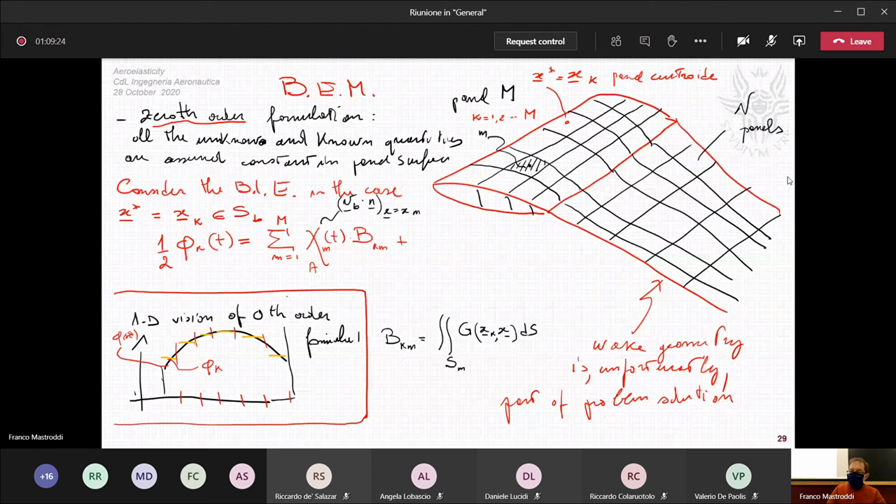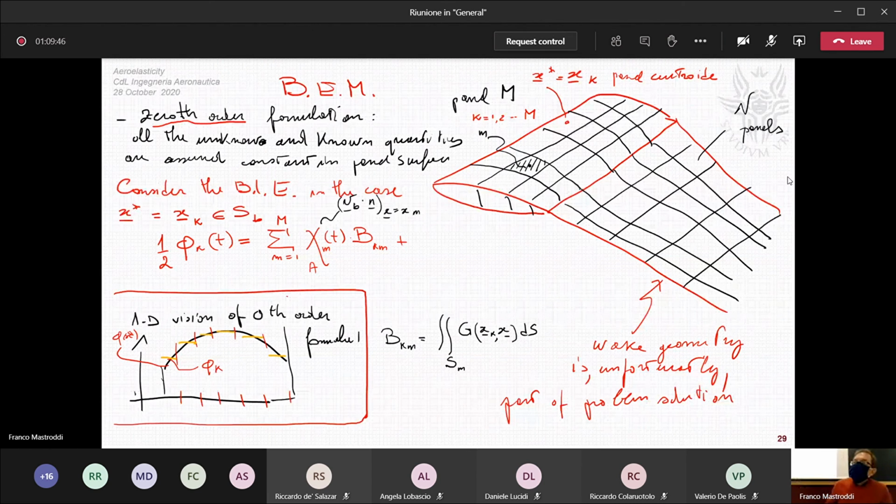So you have also discretized the boundary condition. You have to know the body velocity in all the centroid points in any time. You have to know the motion of the body, but not in continuous way, but in discretized way. You have to know the motion in each panel.